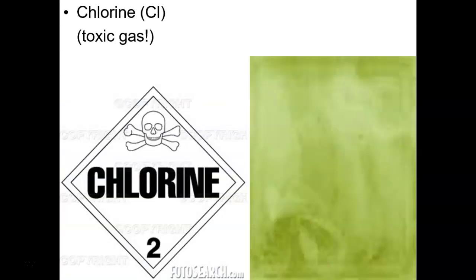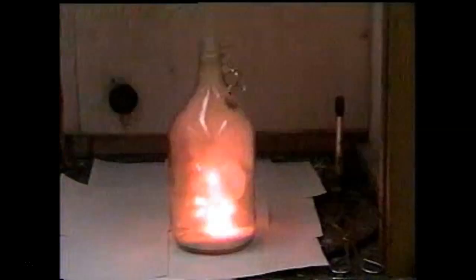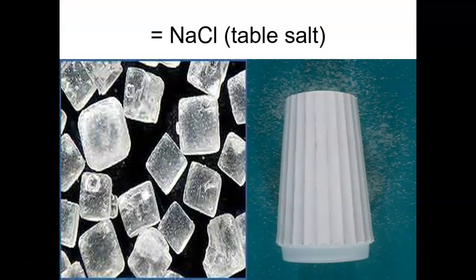Then if we add that to chlorine gas, a green gas, highly toxic to human beings. We combine those two toxic things together, the soft silver metal and the green chlorine gas, and you actually get a huge explosion, a fairly violent reaction.